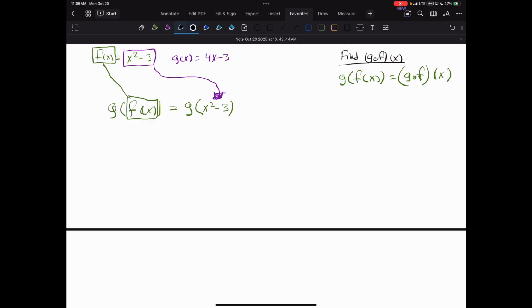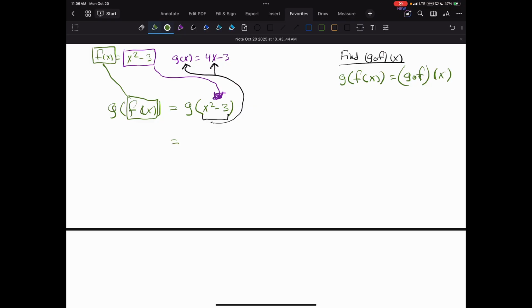All right, well now I want to take that x squared minus 3 and plug it in for the input of x in my g of x. That's the same thing as putting it in for x on the right-hand side of the equation. Well, what's that going to give me?